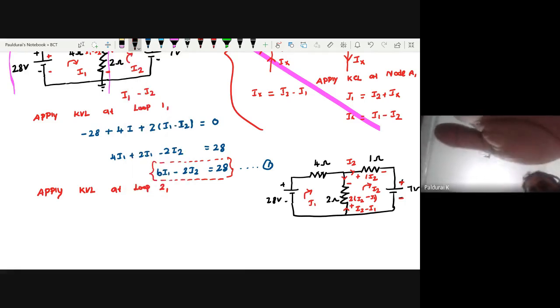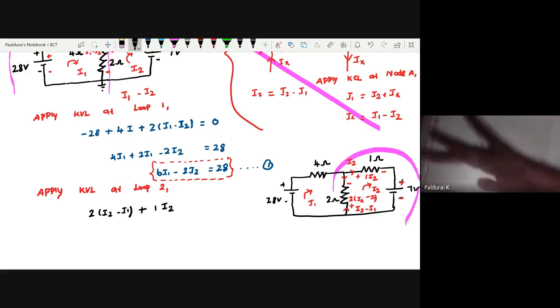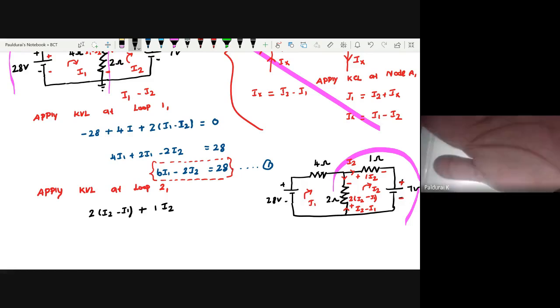In loop 2, which path will you follow? Now this path. First take the 2 ohm resistor. In the 2 ohm resistor it is plus to minus, so it becomes 2 times I2 minus I1. Plus what is the voltage drop across the 1 ohm resistor? 1 times I2. It is plus to minus, so consider the starting polarity.